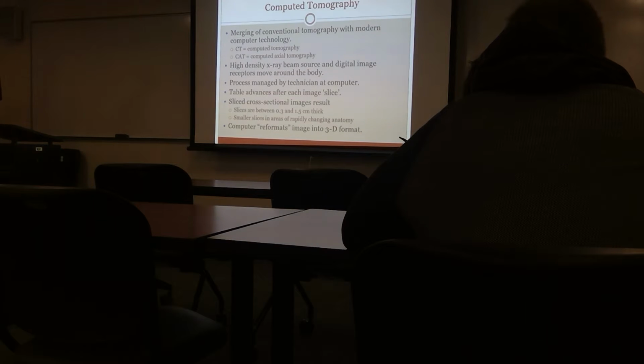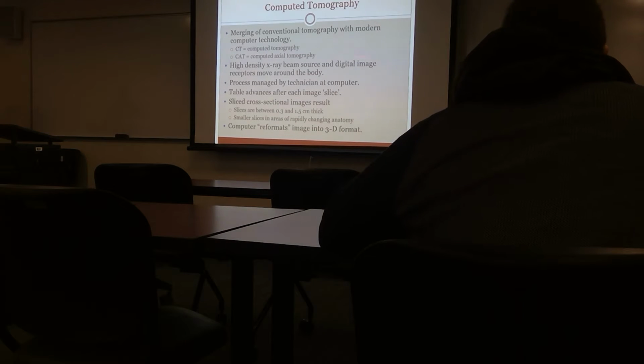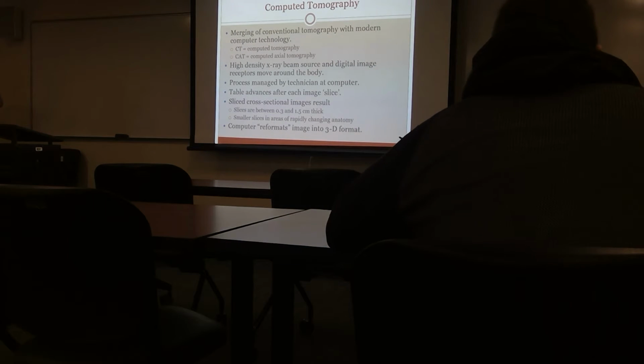So we have something now called computed tomography. And depending on which definition you use, it's all the same thing. CT scan is computed tomography, CAT is computed axial tomography. So some people say, well, what's the difference? There really isn't. Okay. A high density X-ray beam is sourced and displayed, and the digital image receptors are moved around the body in sequence.